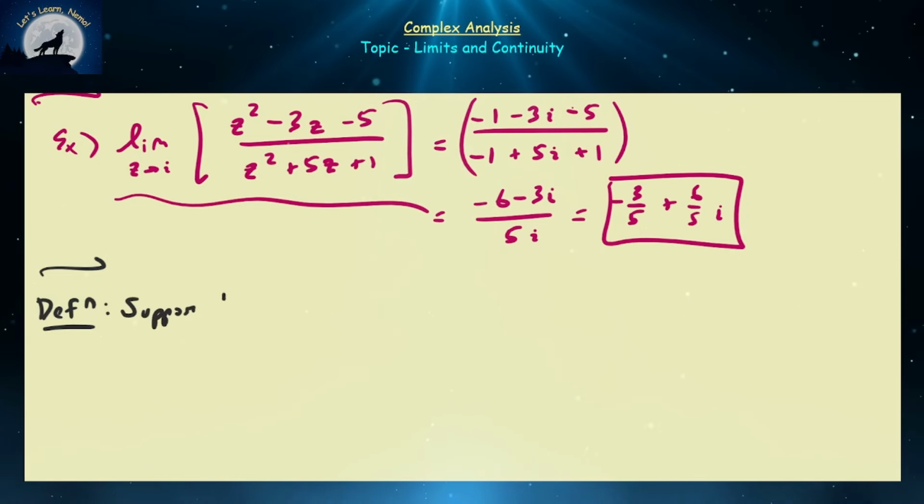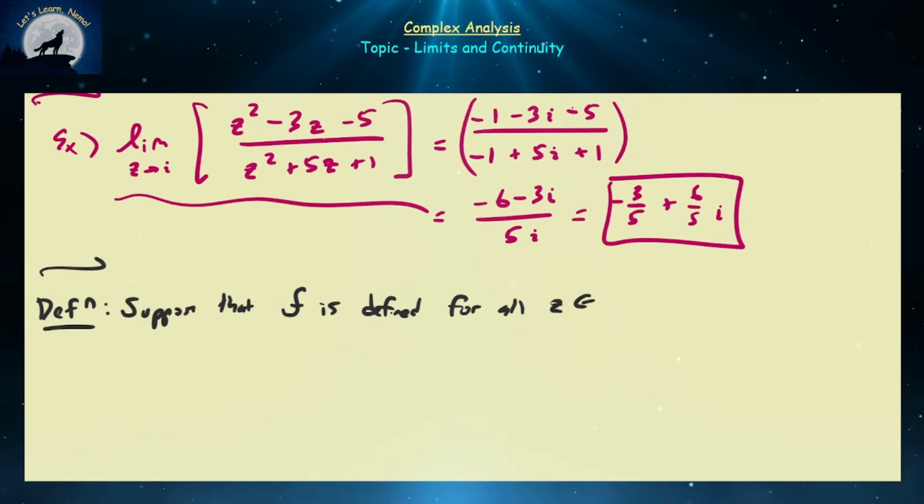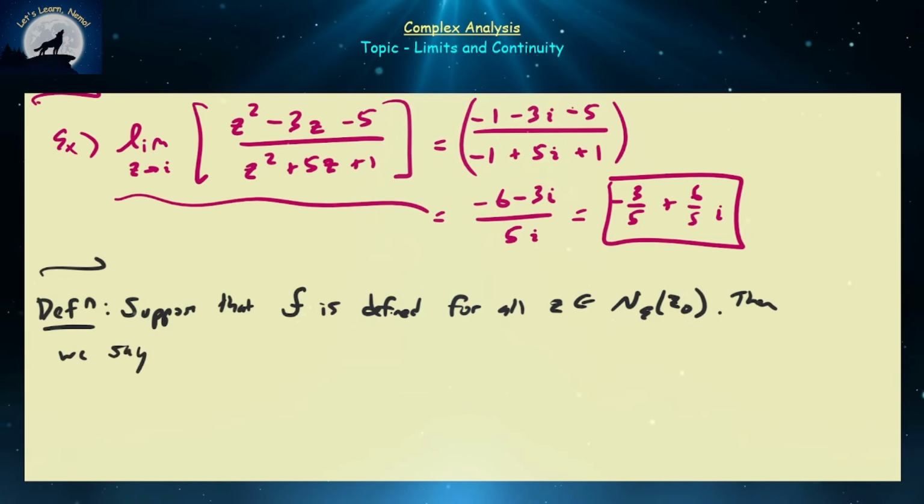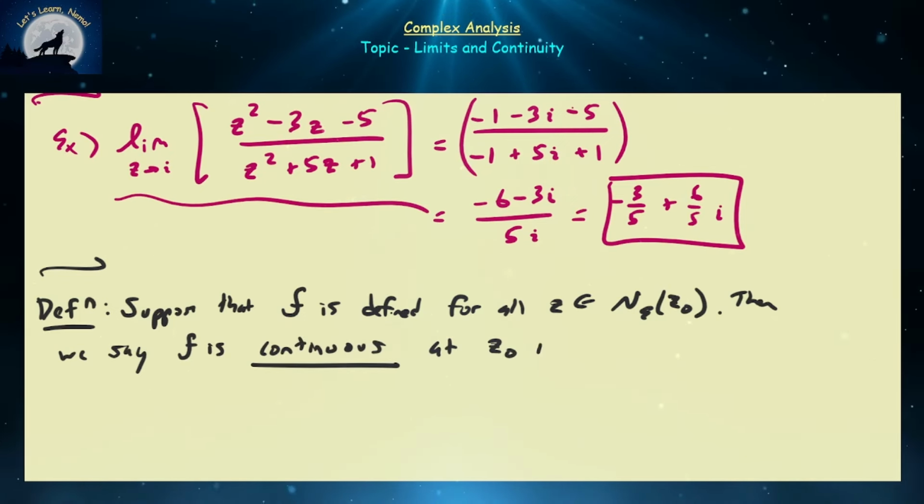So suppose that f is defined for all z in a neighborhood of some number z0, where epsilon is the radius of that neighborhood. Then we say f is continuous at z0.